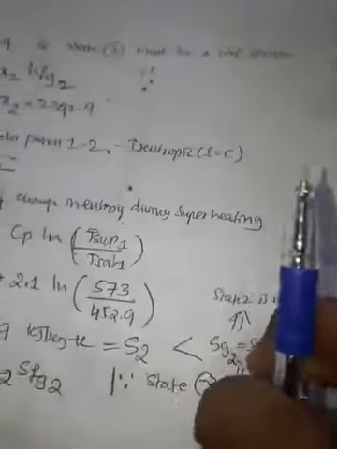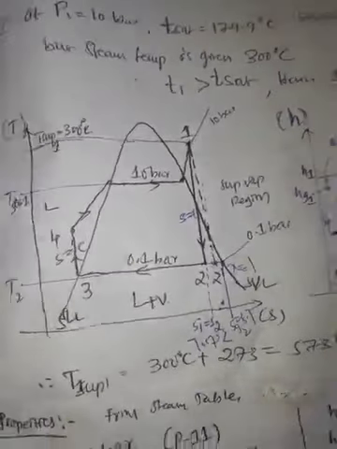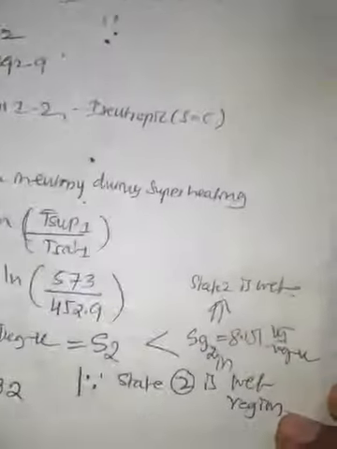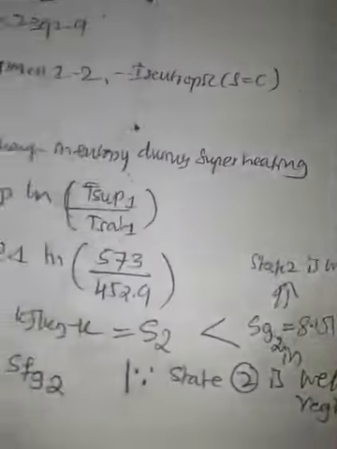Hence point 2 is in the wet region. Therefore the state of the steam at condition 2 is wet steam.